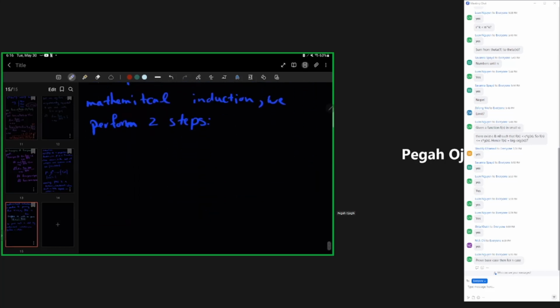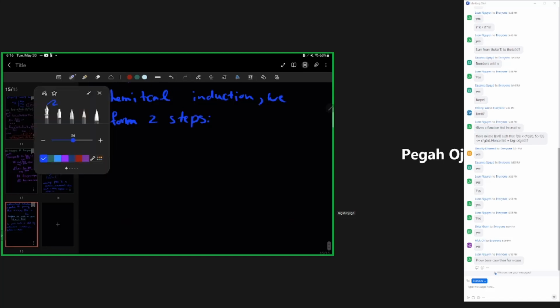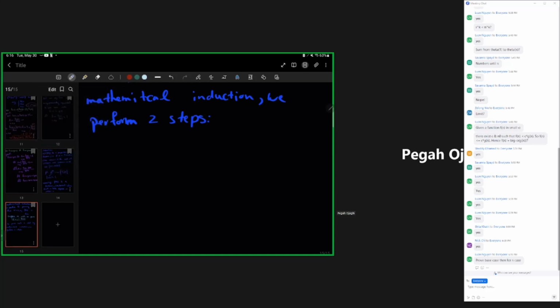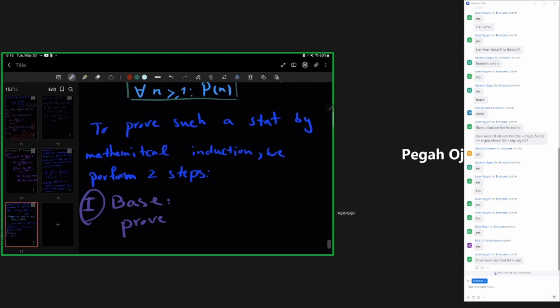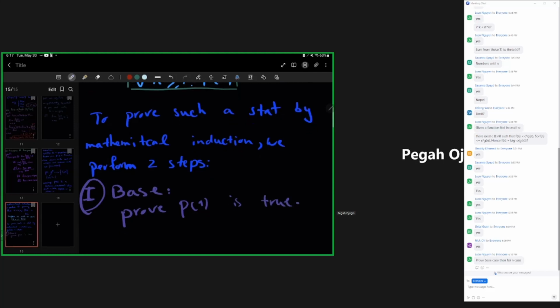What is the first one? As you guys told, it's the base case. What does the base mean? It depends. If I start from 10, the base case is 10. But here my base case is 1. It starts from 1. I should prove that P of 1 is true. This is the base case.